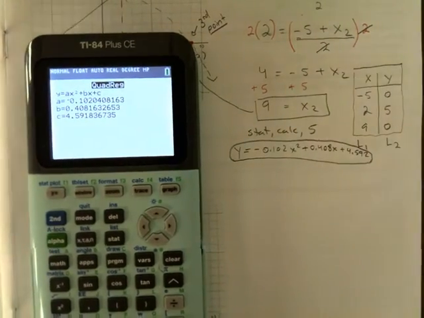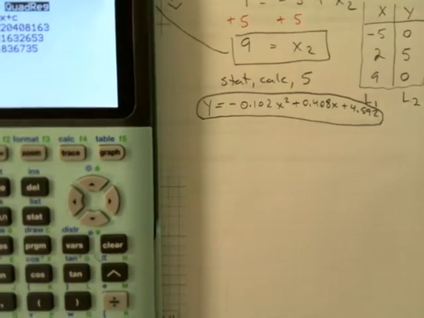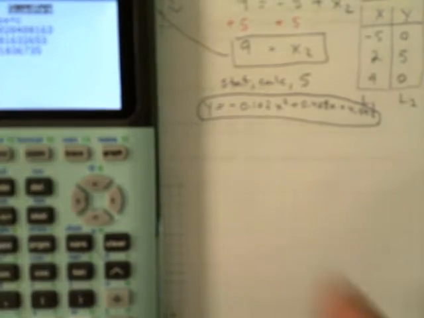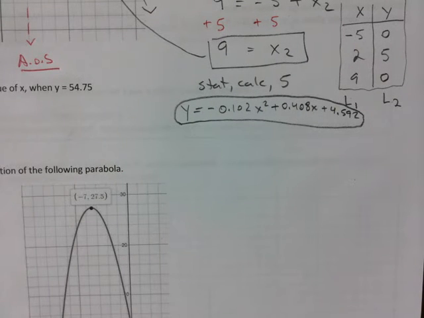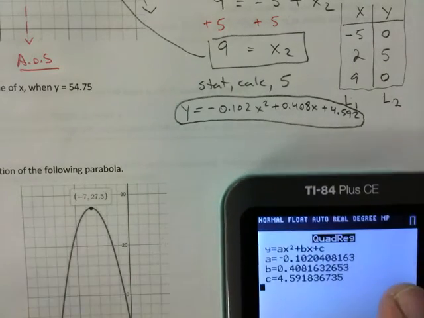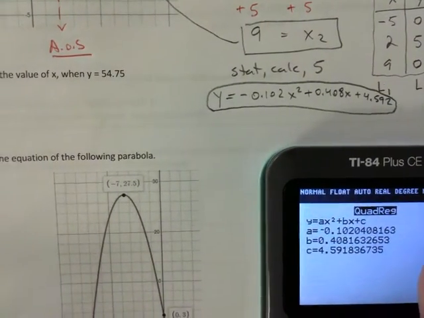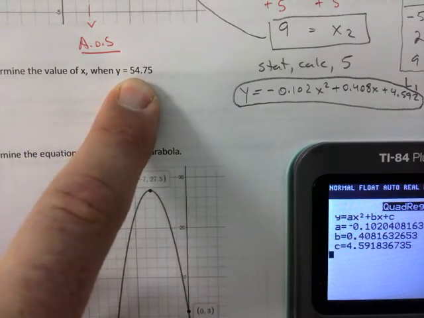That's too small. I'm going to zoom in once. So now there you go. You should have that on your screen as well. Now, let's come up with the rest here. Determine the x value and the y value is this.